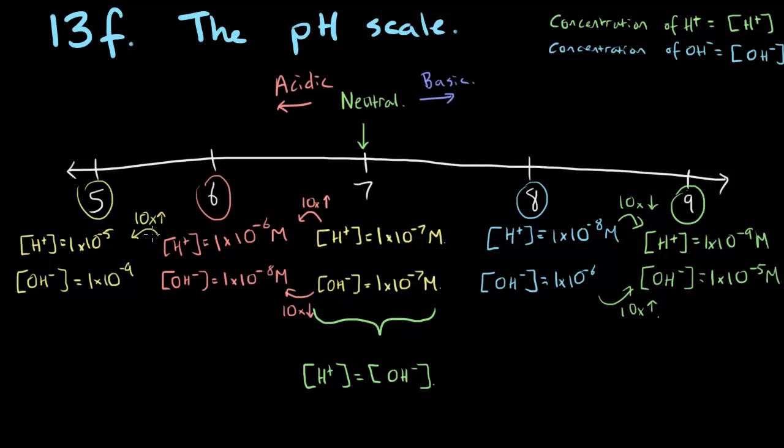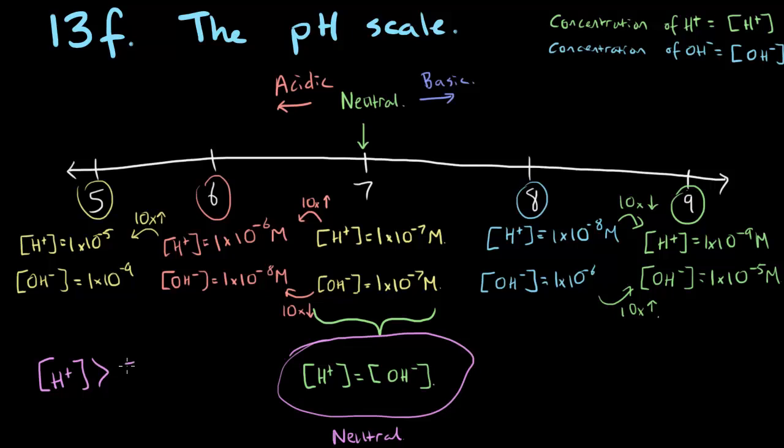I mentioned before that a neutral solution was defined as when the concentration of H+ equals the concentration of OH-. An acidic solution is when the concentration of H+ is greater than the concentration of OH-. And a basic solution is when the concentration of H+ is less than the concentration of OH-.